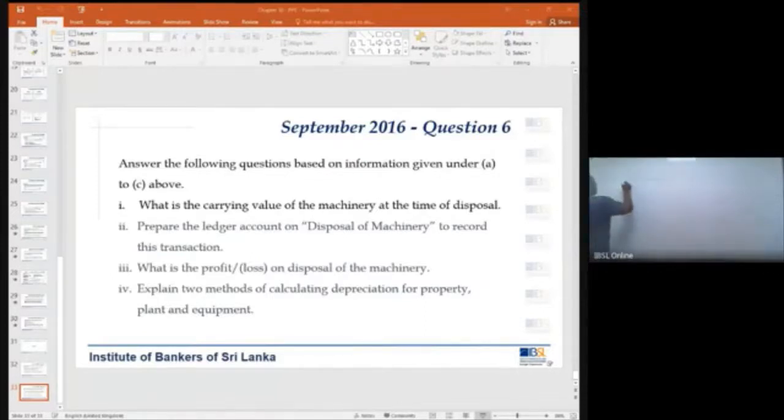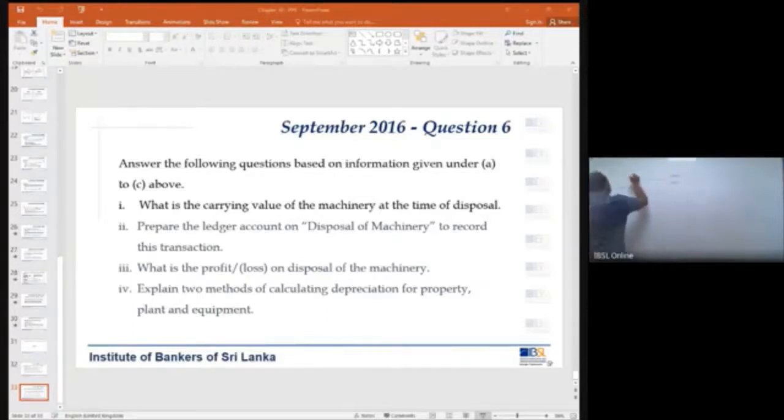The company has purchased this asset on 1/1/12 for 100,000, and they have disposed of it on 30th June 2015.